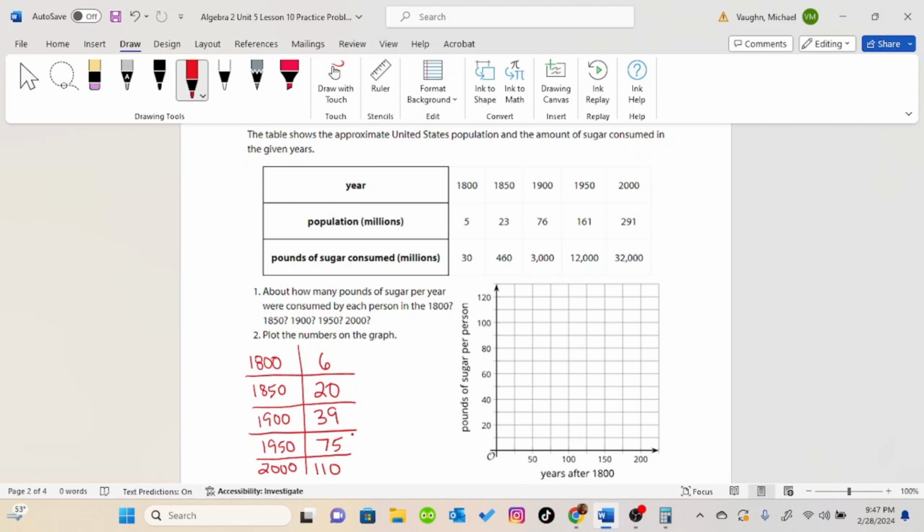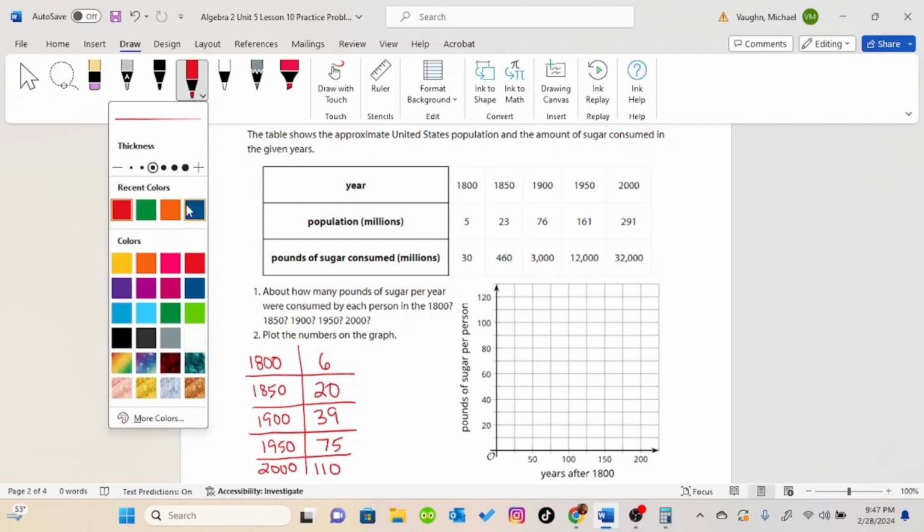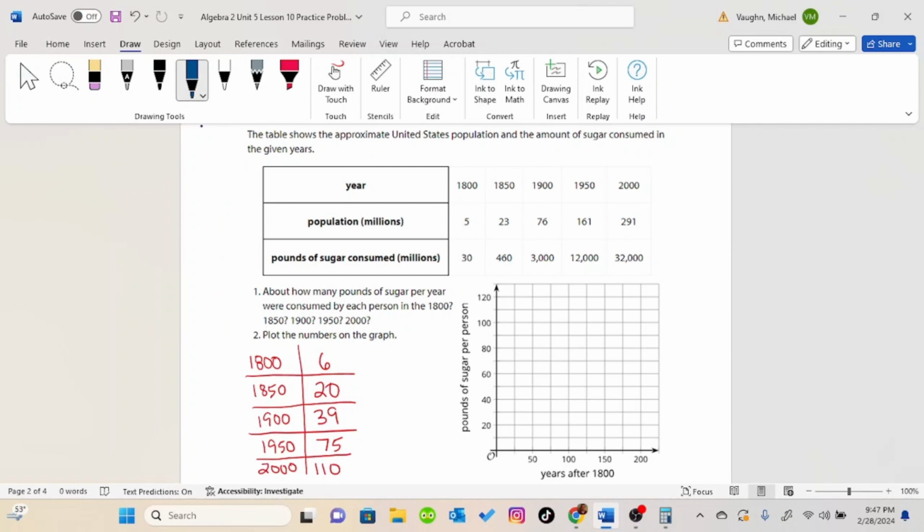And number 2 wants us to plot the numbers on the graph. So 1800 is 0 years after 1800, and we said there was 6. 1850 would be 50 years after 1800, and we said there was 20. 1900 would be 100 years later, and we said there was 39. 1950 would be 150 years, and we said it was 75.